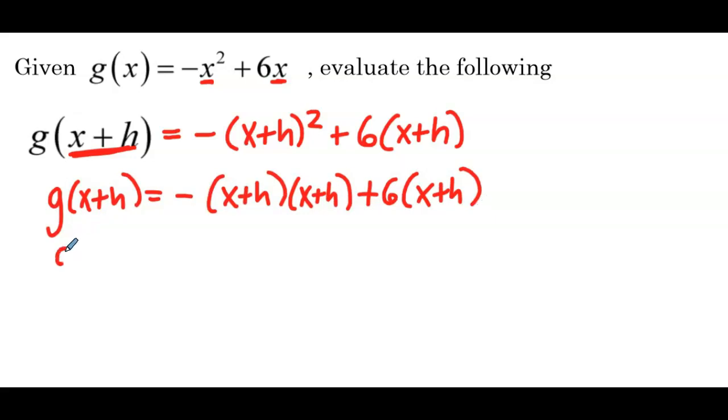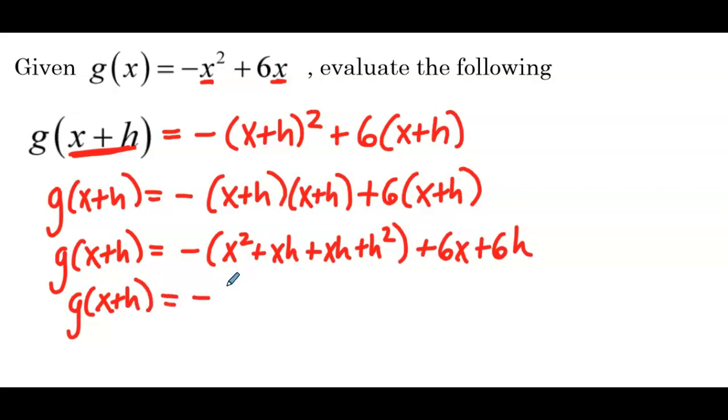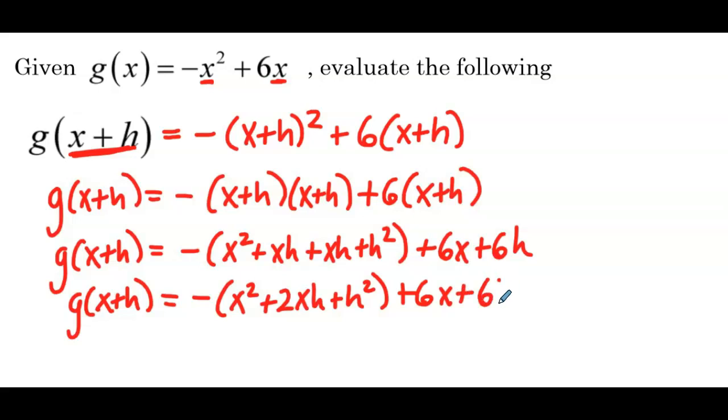Now we can multiply, so g of x plus h equals the negation of x squared plus xh plus xh plus h squared, plus 6x plus 6h. Combining like terms in the parentheses, we have g of x plus h is equal to negative x squared plus 2xh plus h squared plus 6x plus 6h.